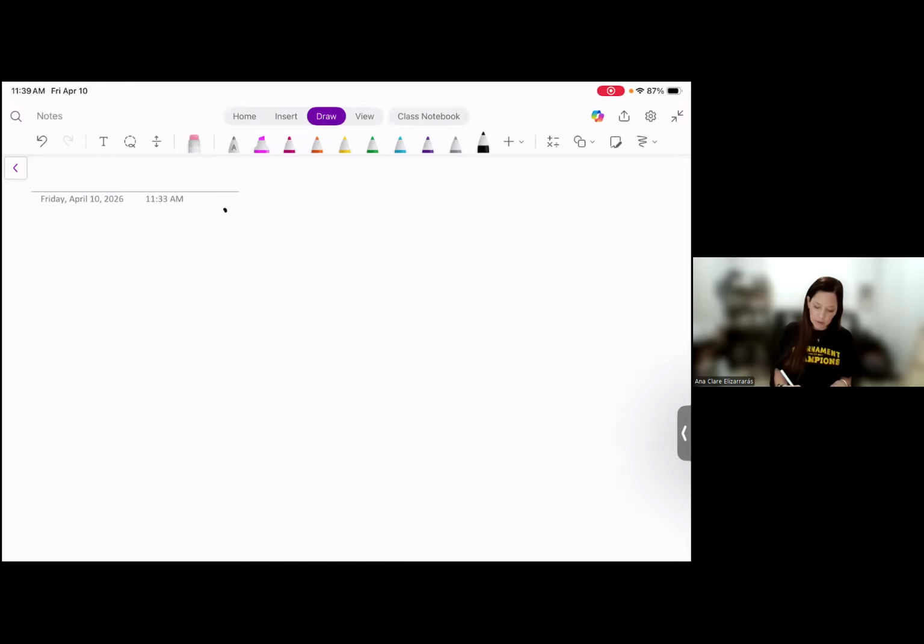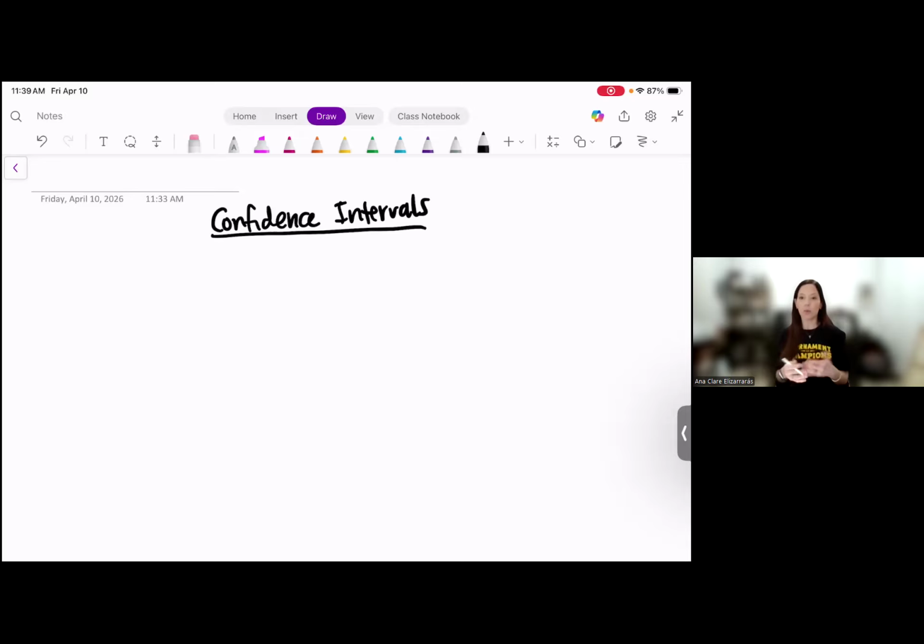When we're doing confidence intervals, we have a four-step process that we go through where we state what we're going to do, we plan by checking conditions, we do the math, and then we make a conclusion. And our state, plan, do, conclude four-step process for confidence intervals remains the same.